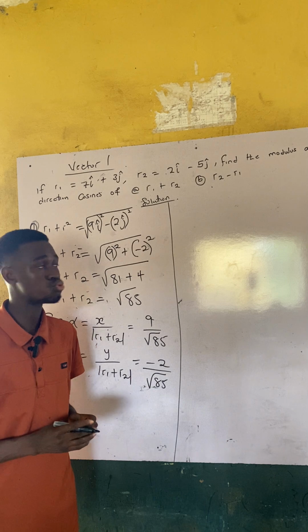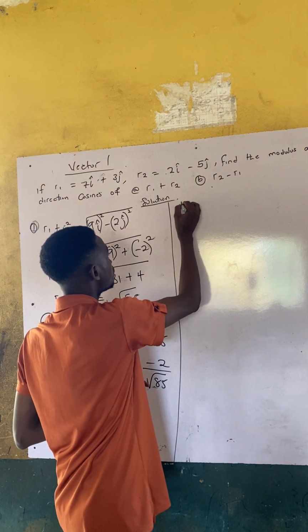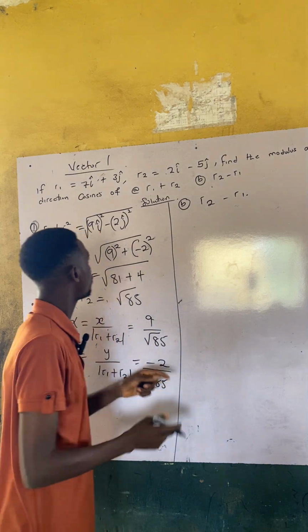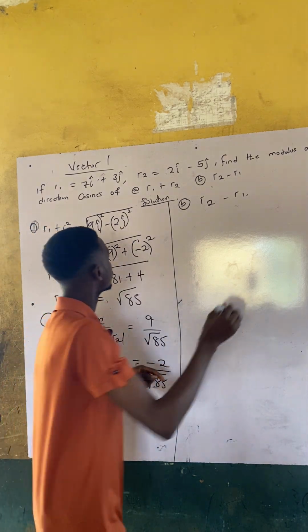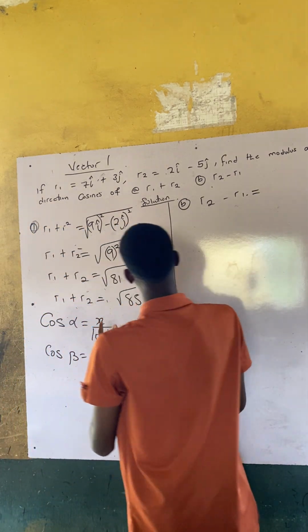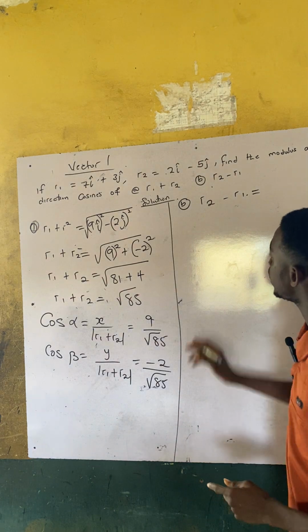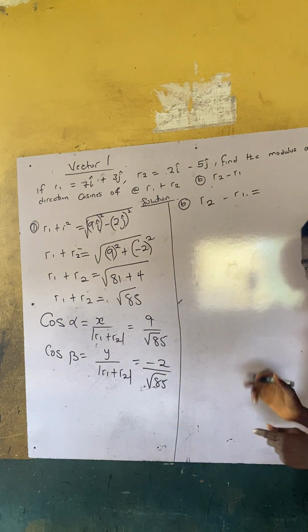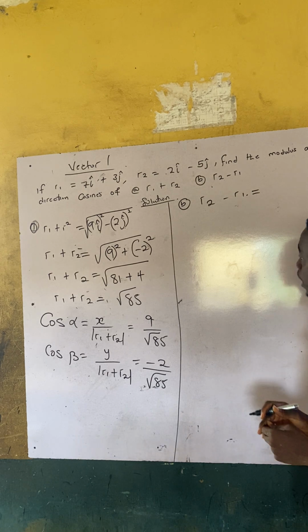To solve number 2, which is (b) resultant 2 minus resultant 1, we follow the same method we used here. What you have to do is to remove resultant 1 from 2. Are we together now? Yes.